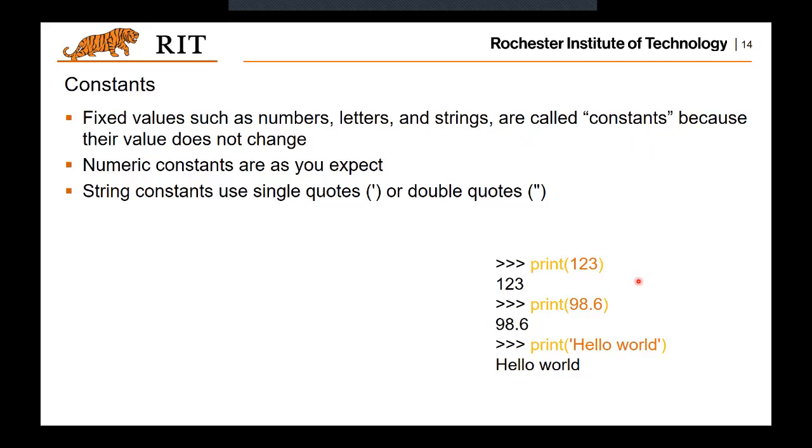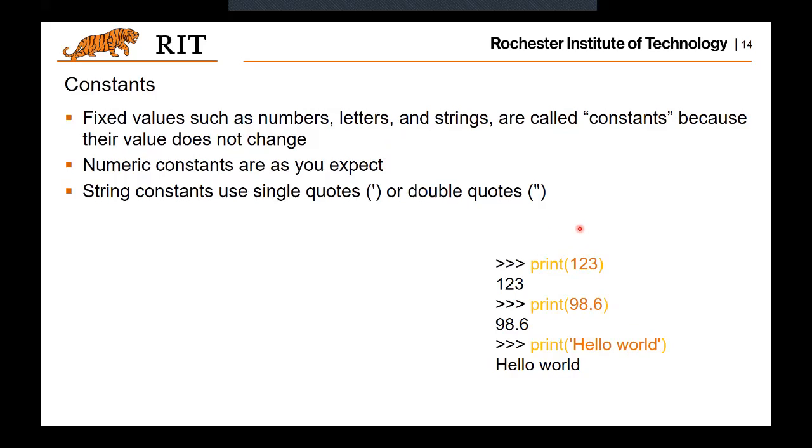A typical constant is the numeric constant, right? Like 1, 2, 3, 98.6. So the first one is an integer, and this 98.6 is a float number, right? Or some strings, some text, hello world, right? But they are all constants. They won't change, and they have a specific and fixed value here.